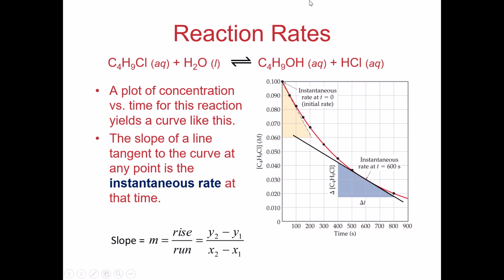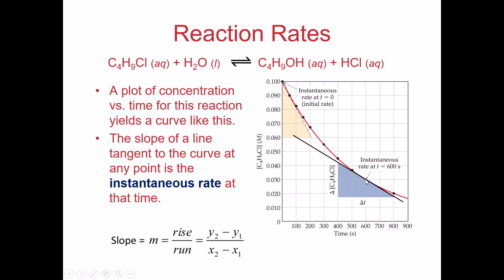So in addition to finding an average rate over a certain time period, say the first 100 seconds, we can also calculate what's called an instantaneous rate. Instantaneous rate wants to know the rate at a particular time point. For instance, at time equals 0, what is the rate?